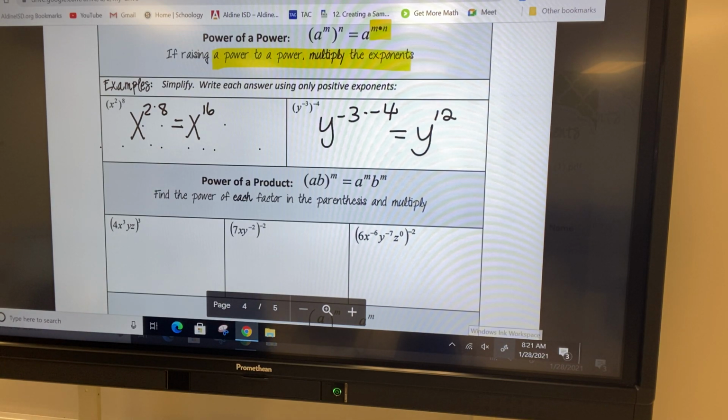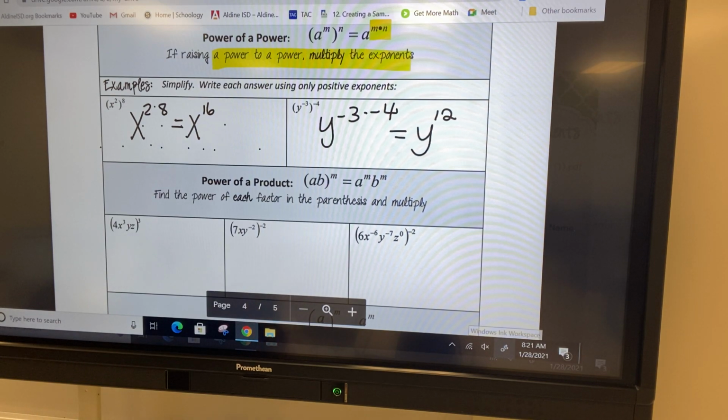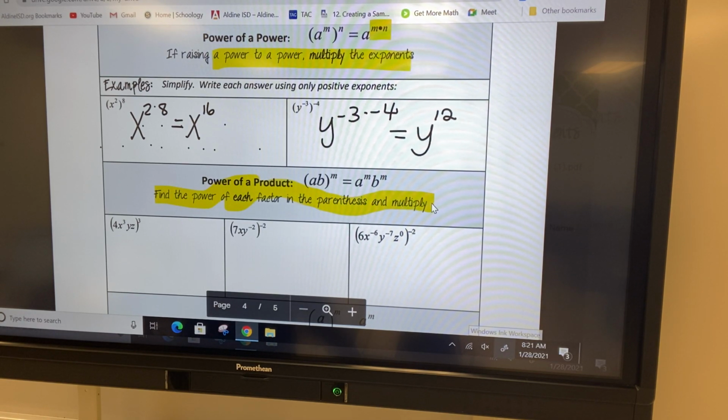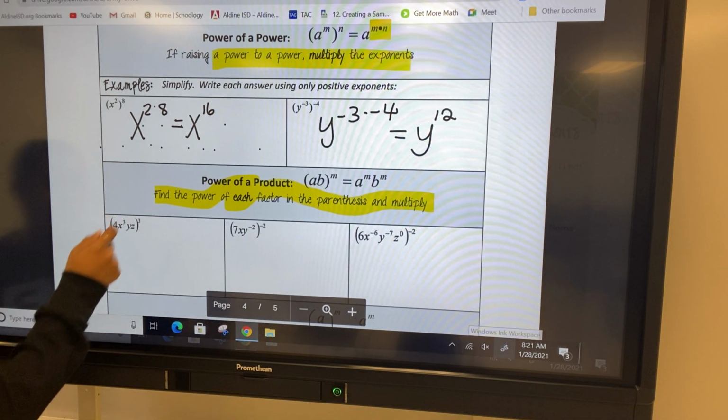Okay. Same thing here, even if we have multiple bases, if we have multiple pieces to our power, we're going to find the power of each factor in the parentheses and then multiply. So that means that everything in here has to go to that power, right? So again, think of this like your image, and this says that I want to raise it to the third power.